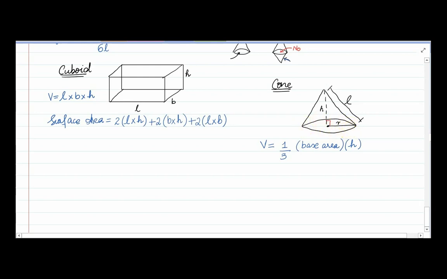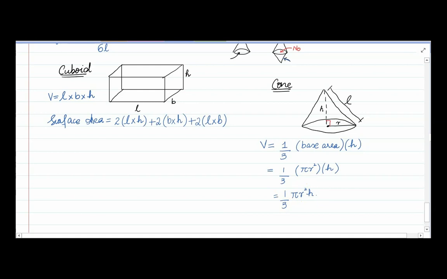You have seen the caps mostly kids wear in the birthday parties. That is a good example if you want to visualize. So you see the face at the bottom is a circle, and the area of a circle is pi r square and height is h. So the working formula is 1 over 3 pi r square h. That is the volume of cone.